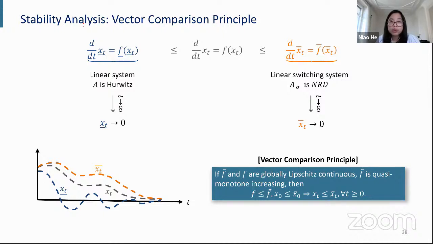Hence, as t goes to infinity, this original system will also converge to zero, or converge to the equilibrium point, right? So this is a very immediate result you can see.